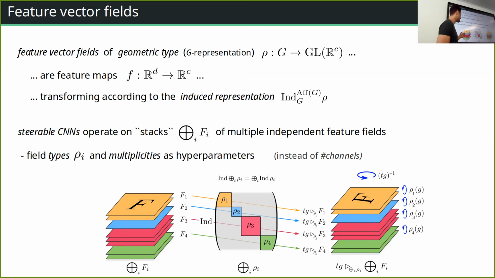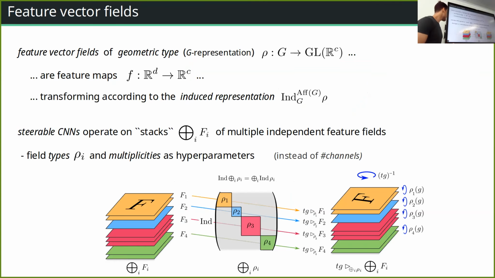And what I tried to show with it is that F1 transforms according to the induced representation of rho 1, which means it rotates spatially, and then rho 1 acts on the feature vectors on these 2 channels and kind of mixes them in a certain way. And then rho 2 acts on this channel, rho 3 acts on these 3 channels. Yeah. But all you need to get is that we have some transformation law defined on our feature spaces.